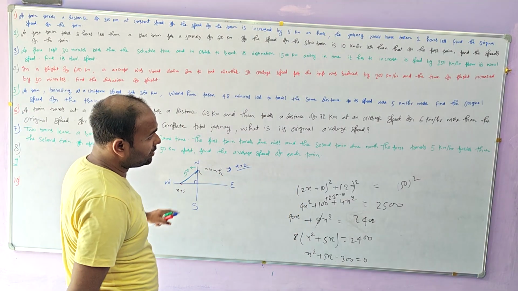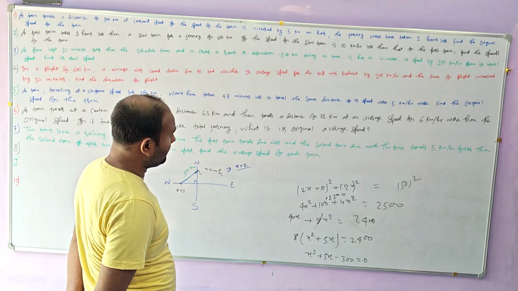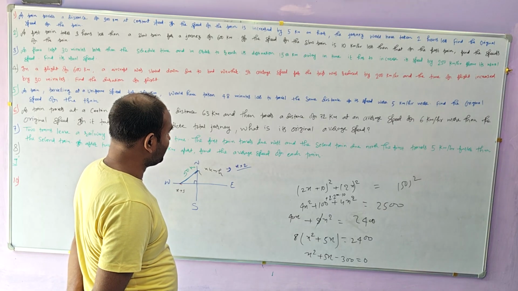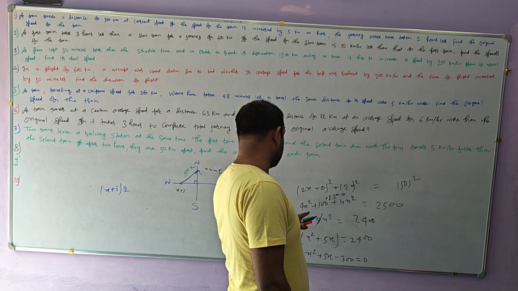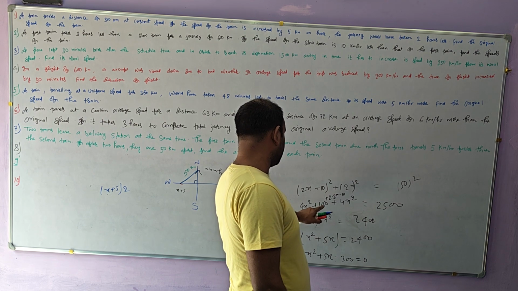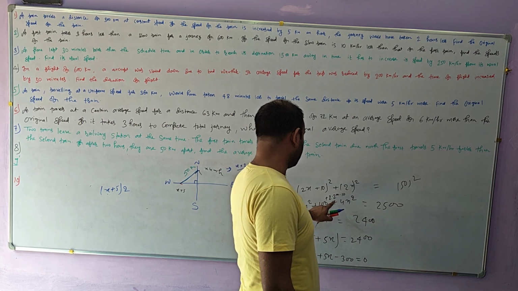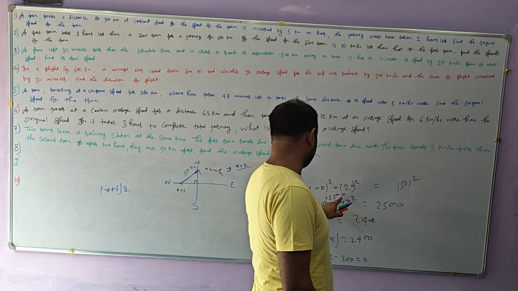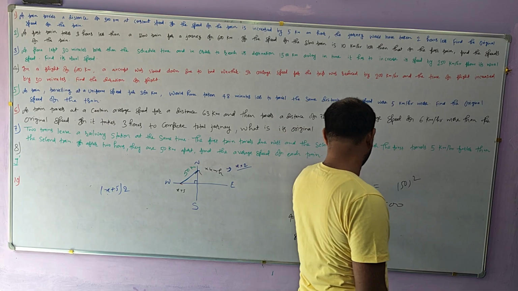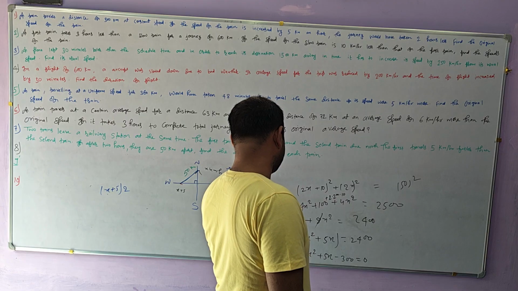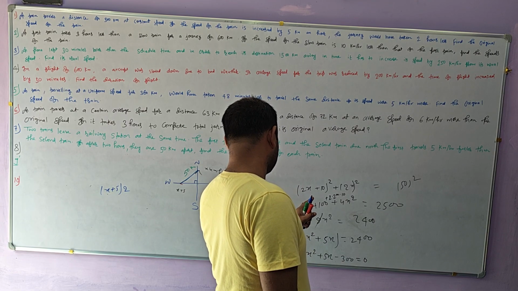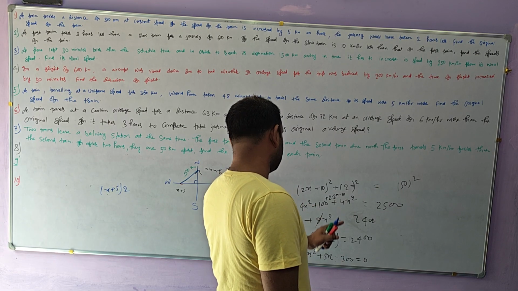Calculations, 50 square, a square plus b square plus 2 into 2ab, and 4x square, 8x square plus 40x.